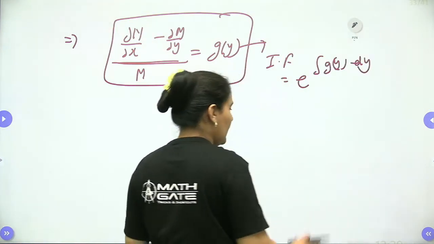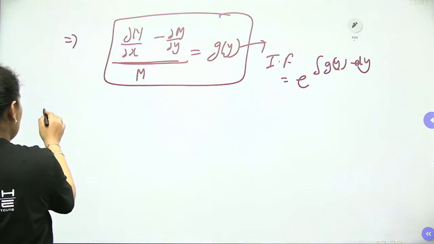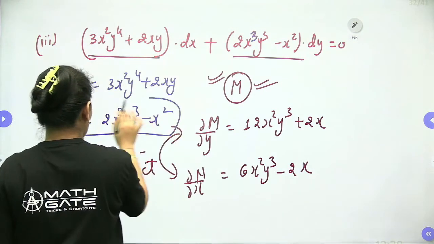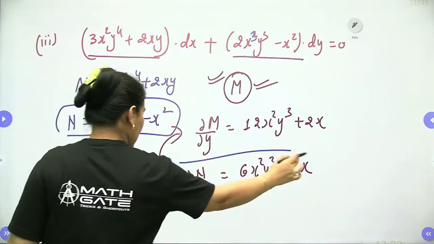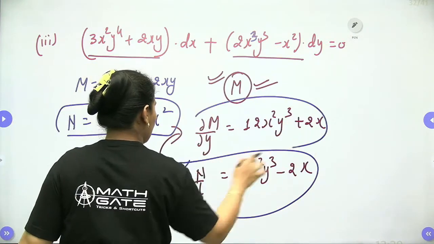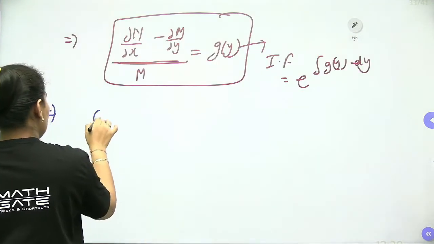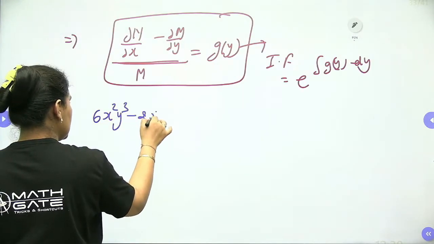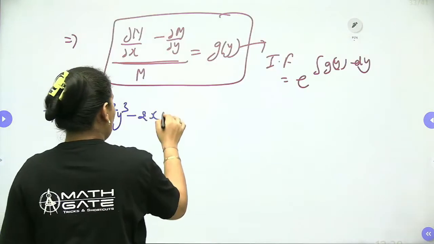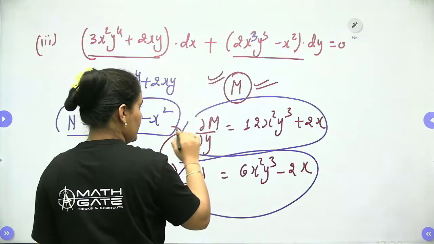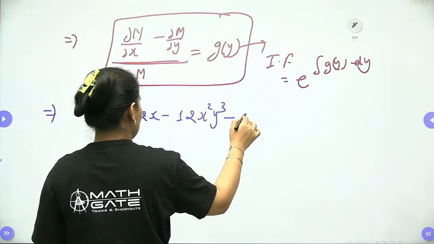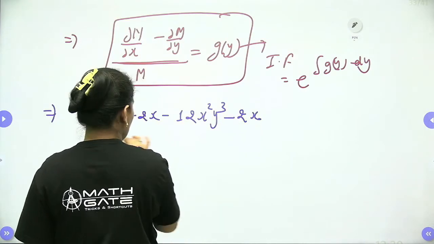Now let's approach it, guys. We already have the values of del N by del x and del M by del y. It will be 6x²y³ minus 2x, minus 12x²y³ minus 2x.